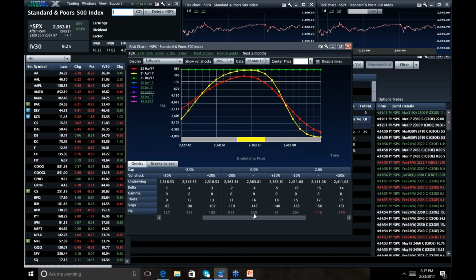I basically need to get to the middle of March to make back what I gave up in implied volatility. Okay, that's really important.